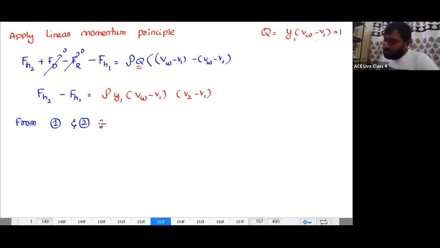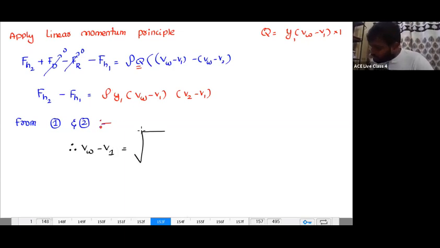Now from 1 and 2, I am not going to derive it completely. I can write down directly VW minus V1 is equal to root of g by 2 into Y2 by Y1 into Y1 plus Y2.